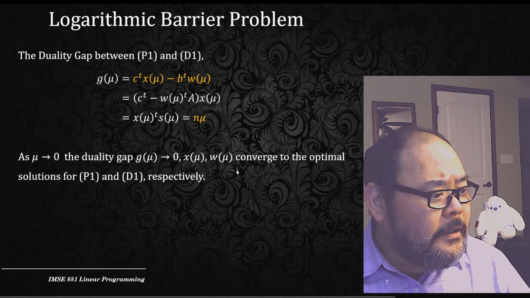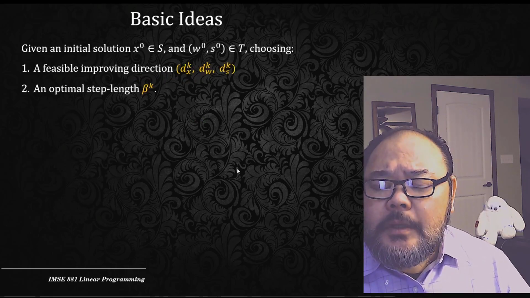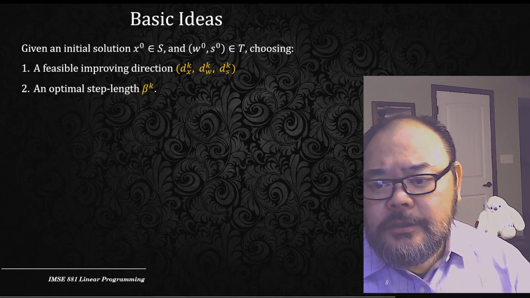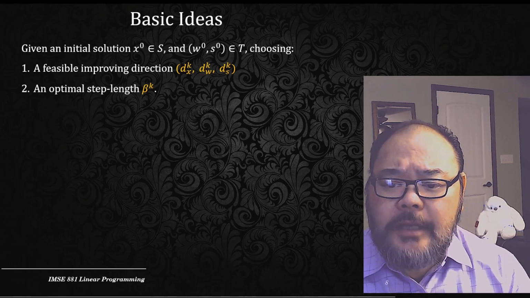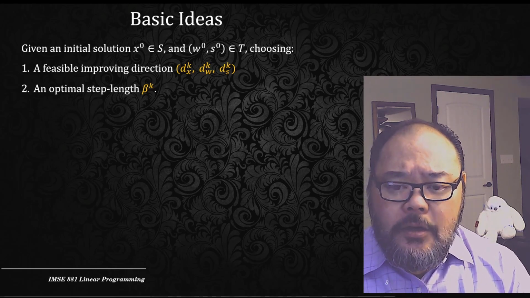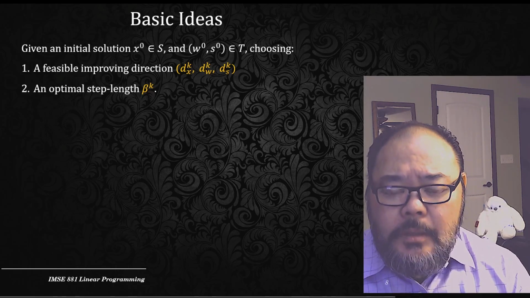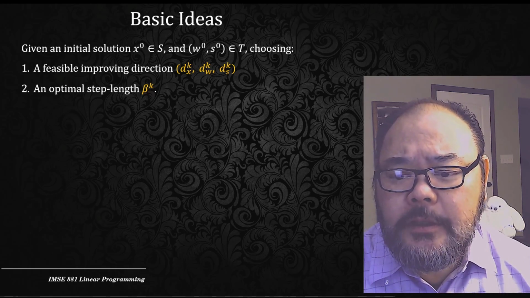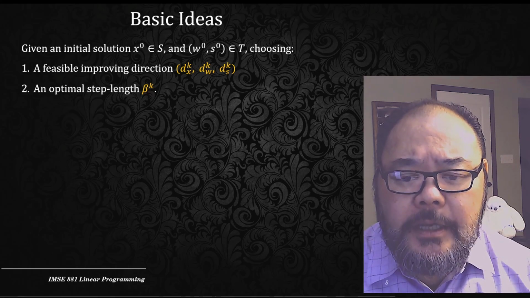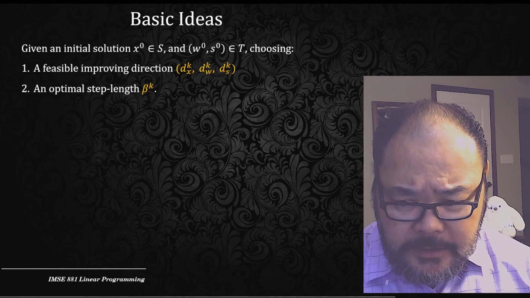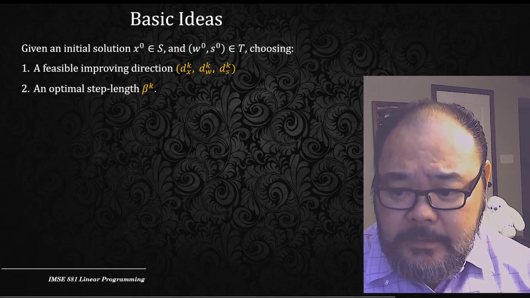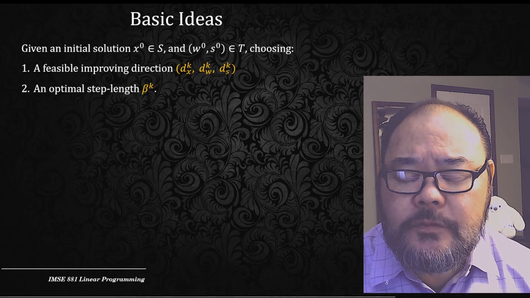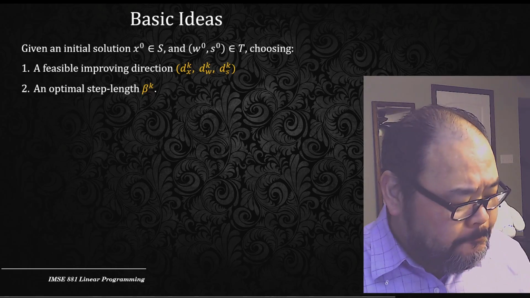Let's look at the next slide. The basic idea for this primal and dual affine scaling method is, first, we find an initial feasible solution x naught belonging to S, and omega naught and s naught belonging to D. In the first step, we try to find a feasible improving direction dx_k, d omega_k, and ds_k. Then we find the optimal step size beta_k to move along those new directions.